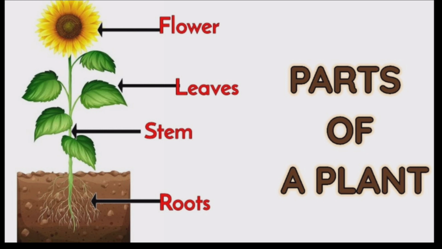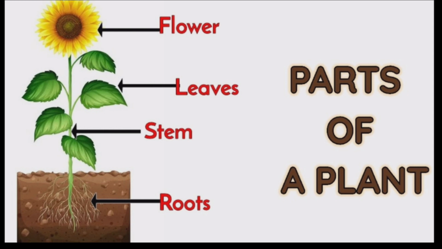The color of the leaves is green. So wherever green color is there, there the process of photosynthesis takes place. So mostly in leaves photosynthesis occurs, but in some cases where the stem is green, there also photosynthesis takes place.